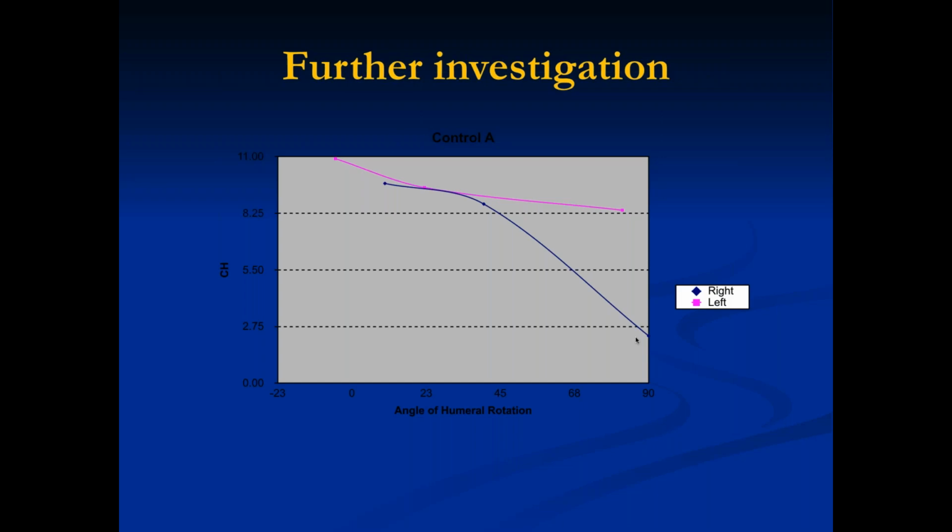The right side here gets very narrowed in internal rotation in this particular case. This was the shoulder where I had a rotator cuff tear and a little bit of superior migration of the humeral head, versus the left, which was normal at that time.